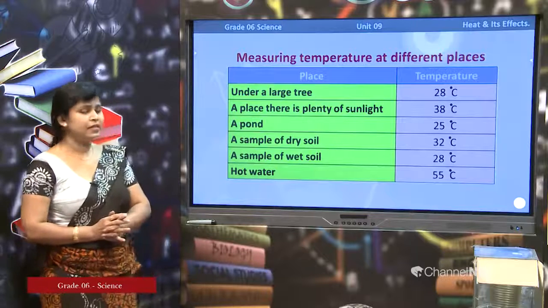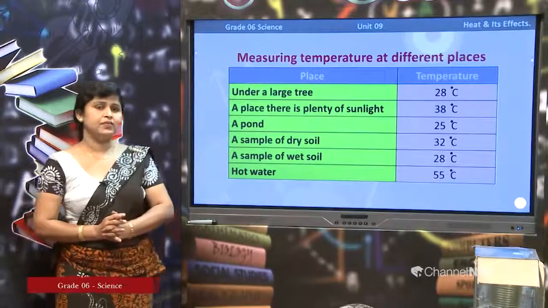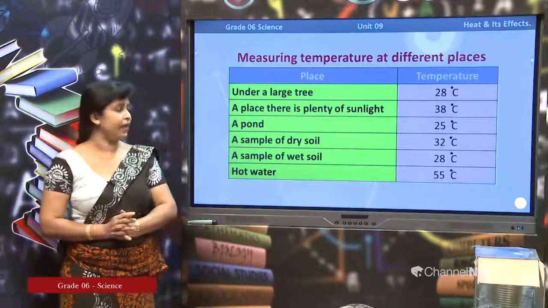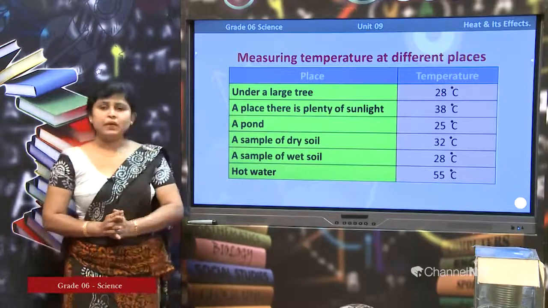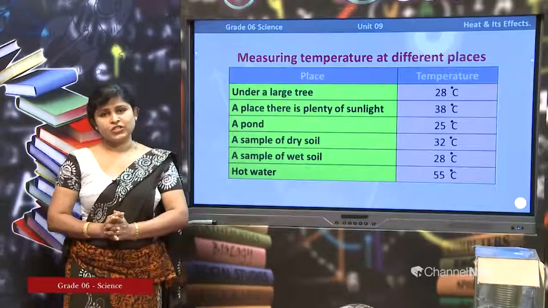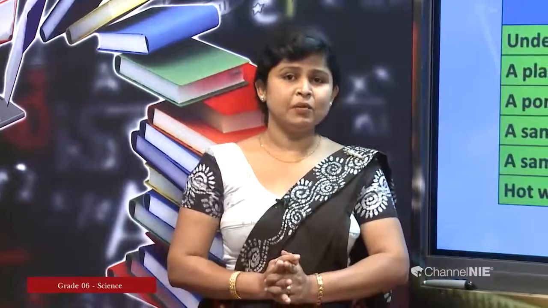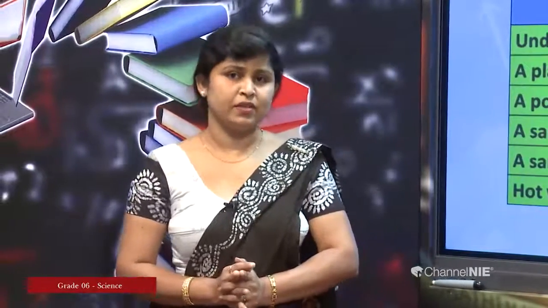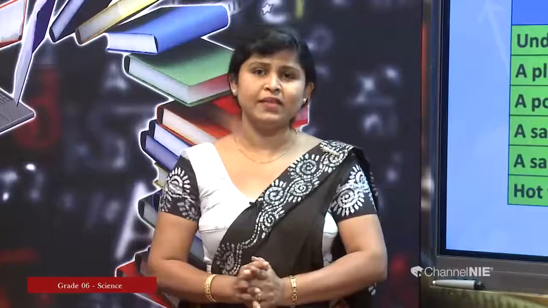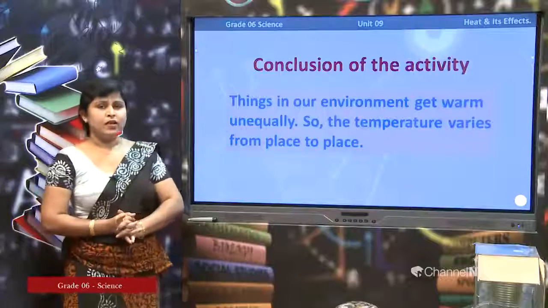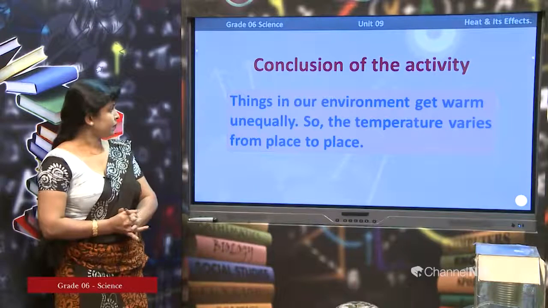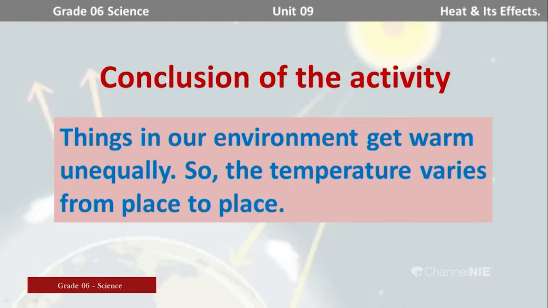So by looking at this table, by looking at these recordings, you have to understand that the temperature shows a variation. According to the place, the temperature shows a variation. So that is the conclusion of this activity, right? Let's see the conclusion of the activity. Things in our environment get warm unequally.